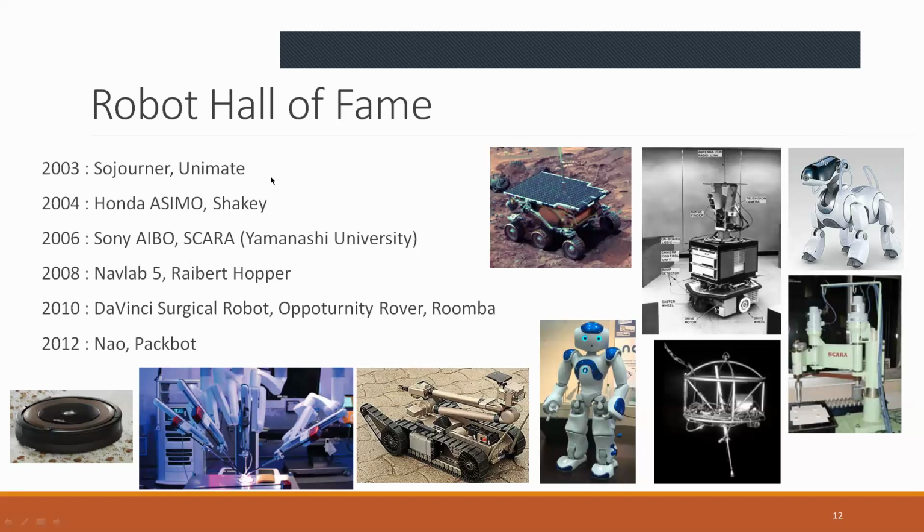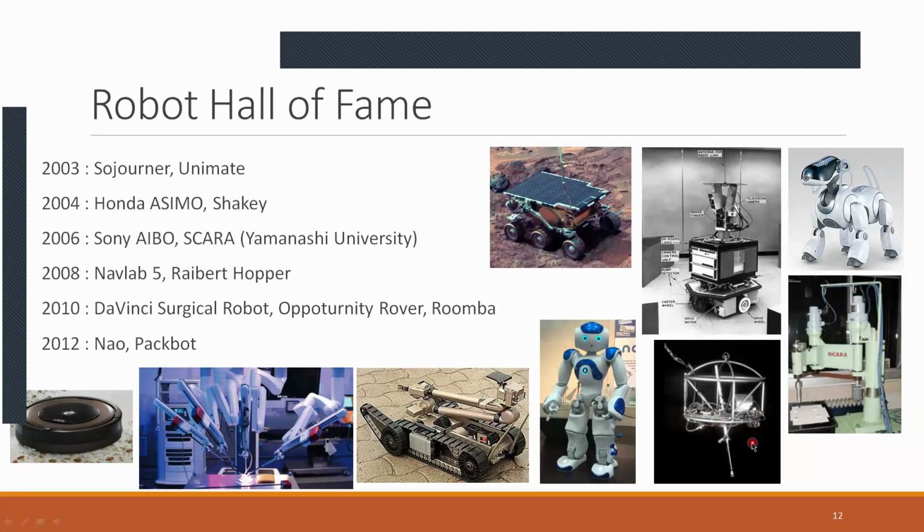So we have the Unimate, first programmable robot, and then we have the Stanford Shaky, which is the first mobile robot developed by, of course, Stanford Uni, and the world's first SCARA robot developed by a Japanese university. And then we have the Raibert Hopper.